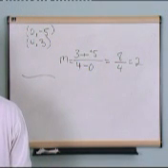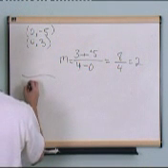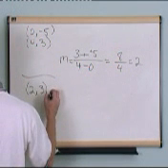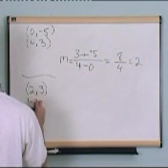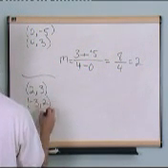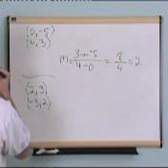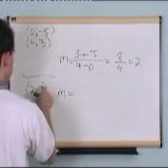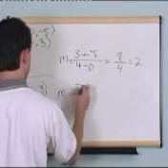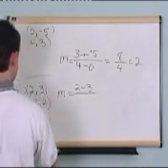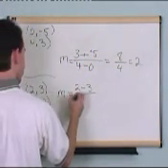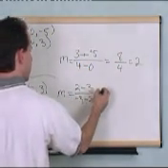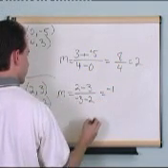Okay, another problem. Let's say we have 2, 3 and negative 3, 2. So I could say m is equal to 2 minus 3 over negative 3 minus 2. 2 minus 3 is negative 1.